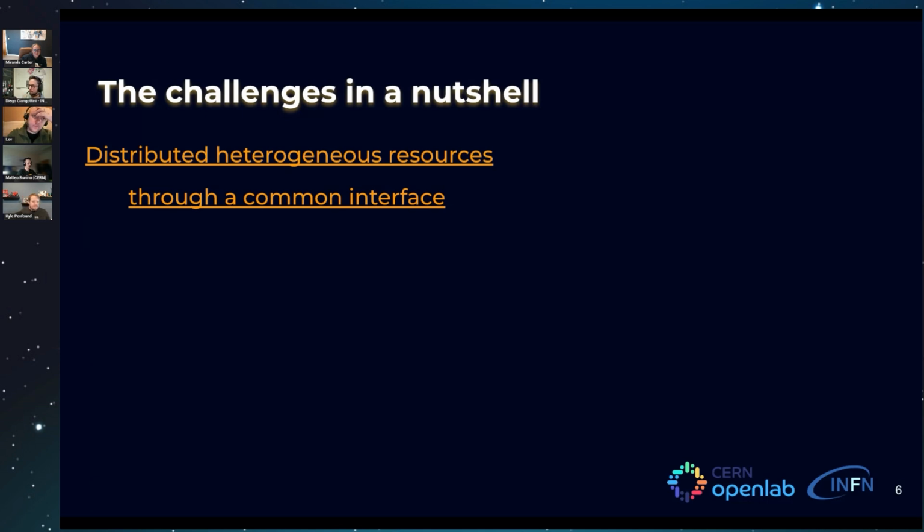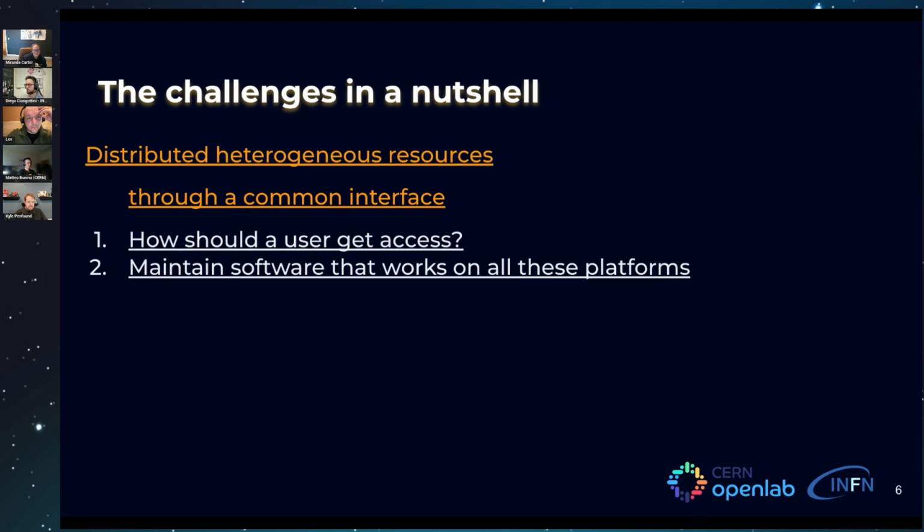Very cool. All right, so the challenges, just to recap: we have several distributed heterogeneous resource providers, HPCs, HTCs, so batch systems mainly, and cloud, and we want to access them through a common interface. The first problem then is how we can access them. And then where Dagger comes in is maintaining software that works in a consistent way on all these platforms, on all these backends.